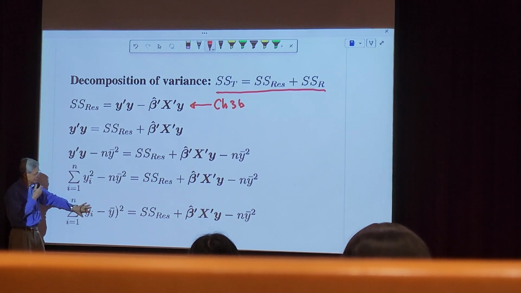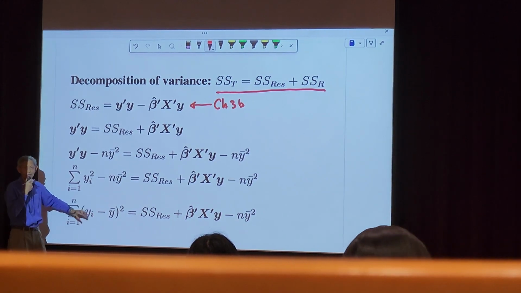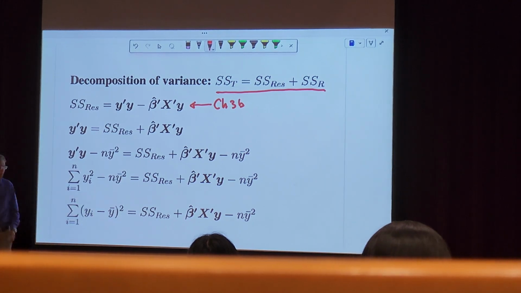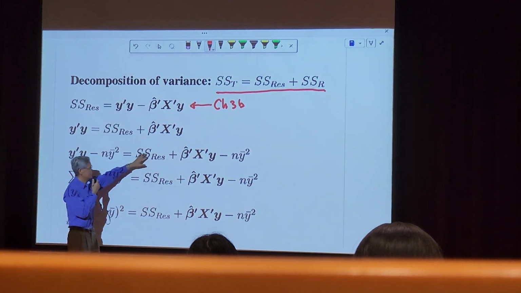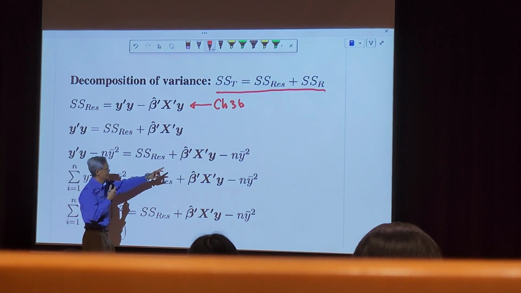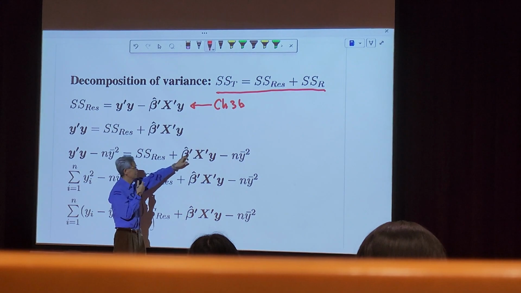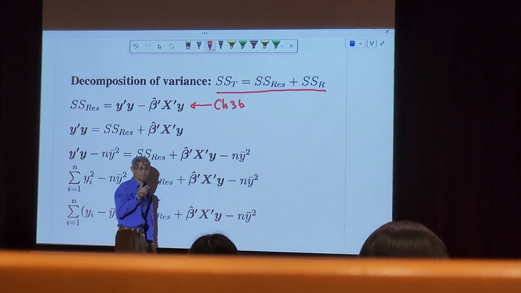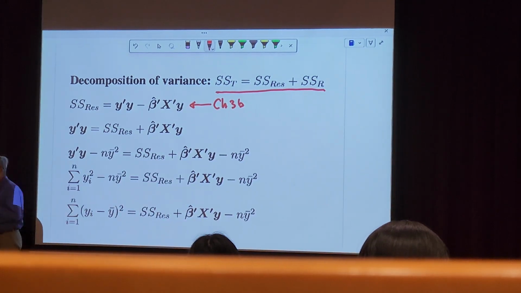This is the corrected variation in y, corrected by n y bar squared. On the other side, SS residue stays the same. And here we have this, with y bar where you see here. So let's move on.